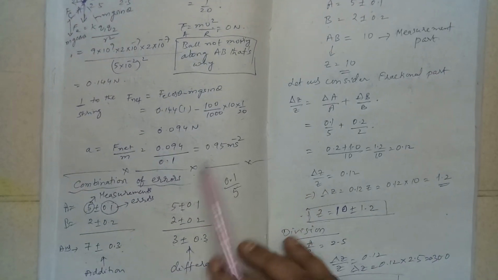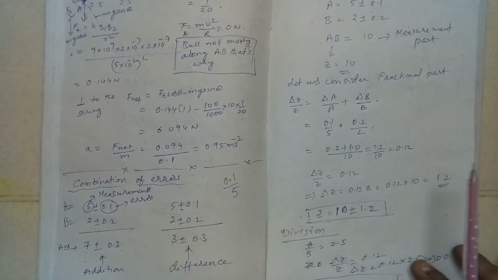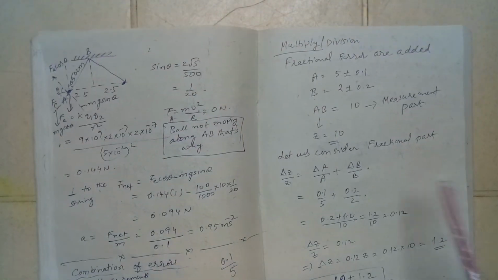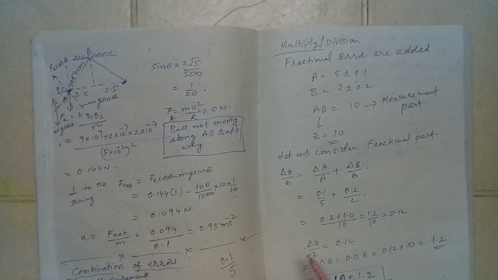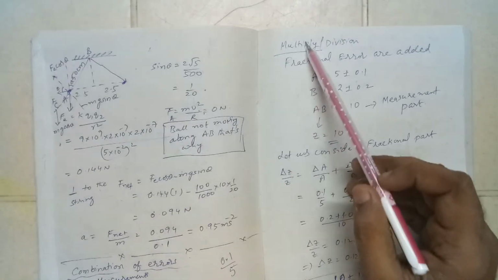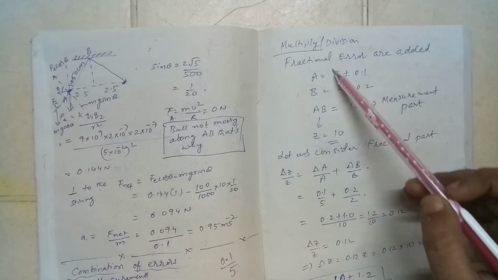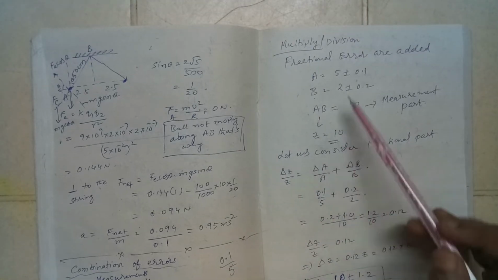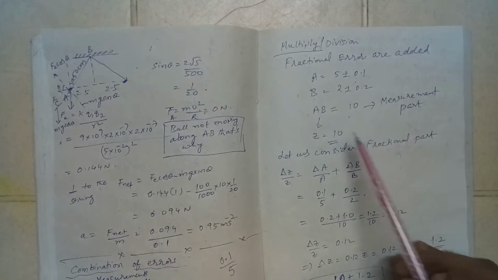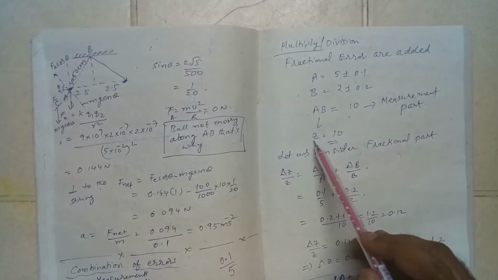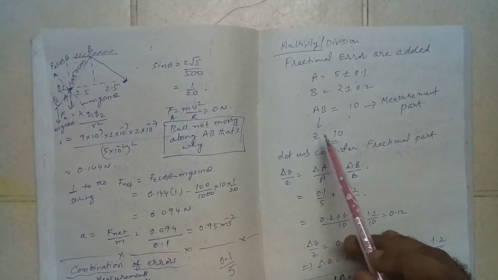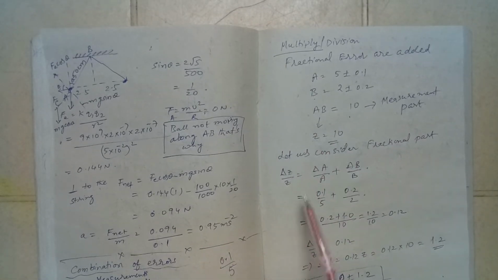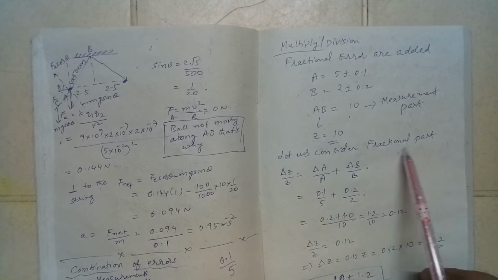These are absolute errors, but in multiplication or division we take fractional errors. Suppose I take the multiplication, I will multiply the measurement part, 5 into 2, 10, and this AB I will call Z, some new quantity Z is equal to 10.